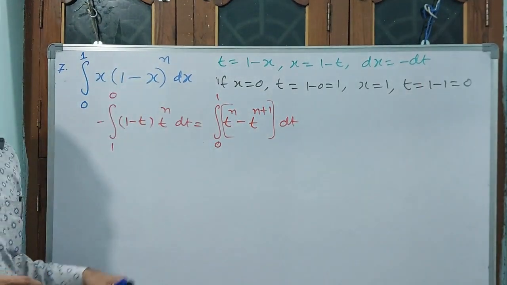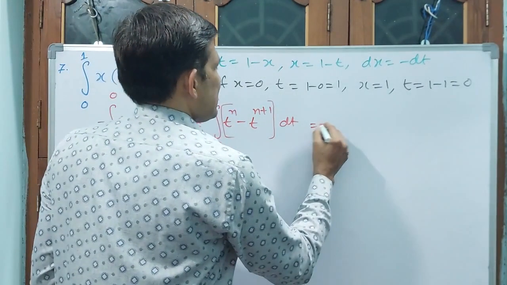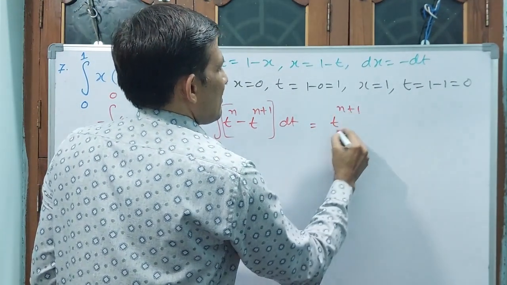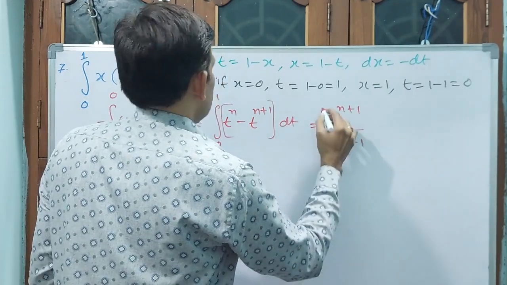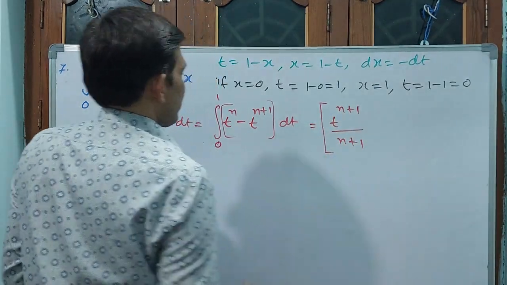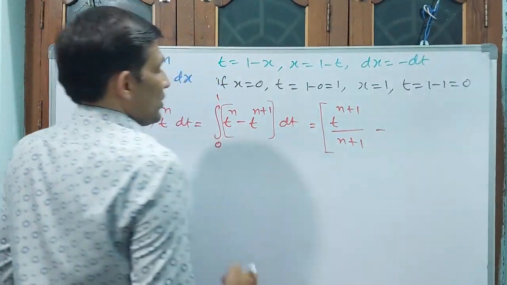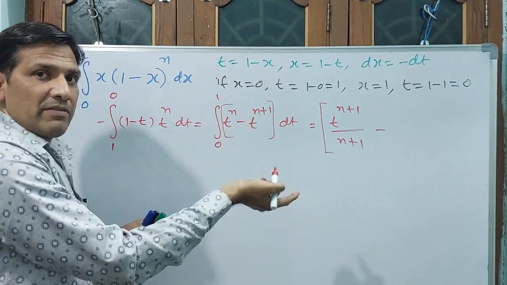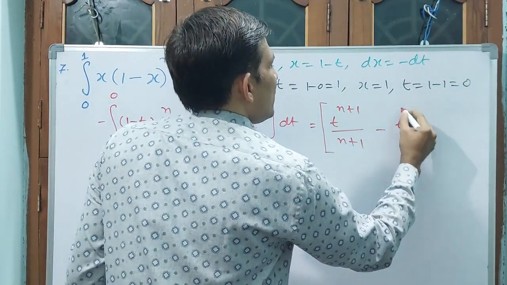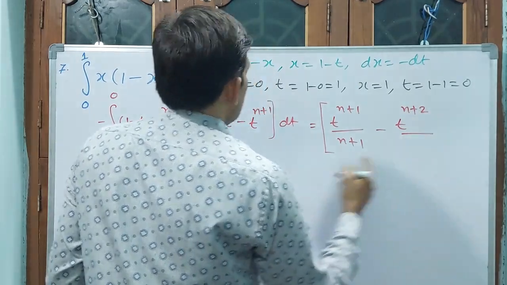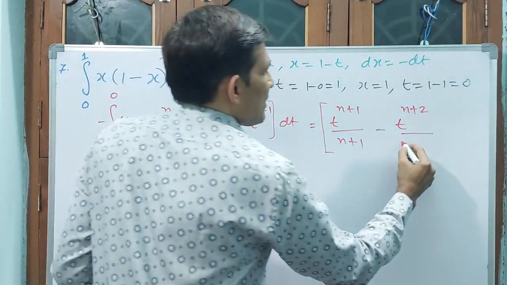Now you proceed further. Integration of t power n plus 1 is t power n plus 2 by n plus 2... precisely, the integral of t power n is t power n plus 1 by n plus 1, minus t power n plus 1 integrated gives t power n plus 2 by n plus 2.